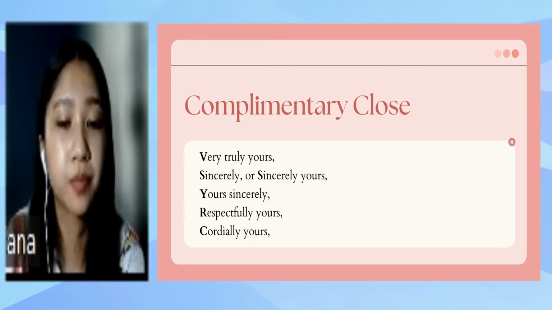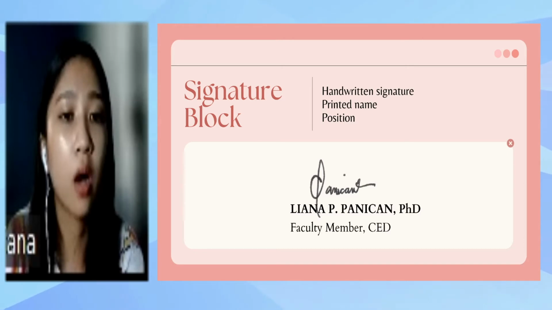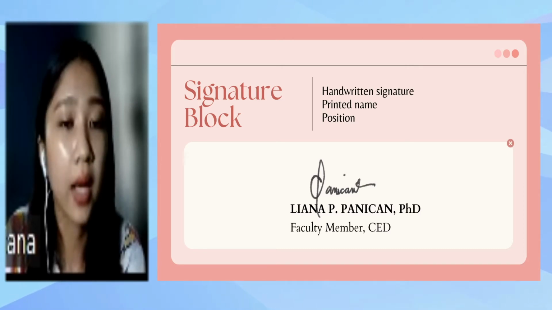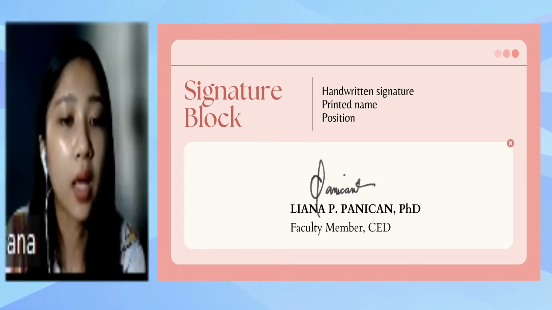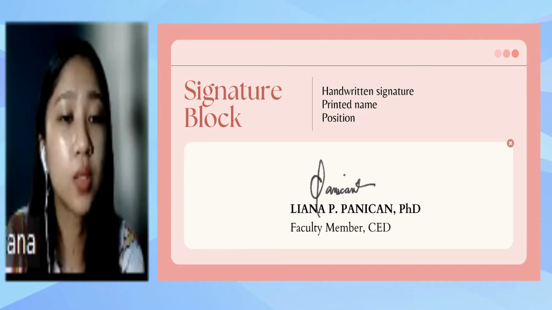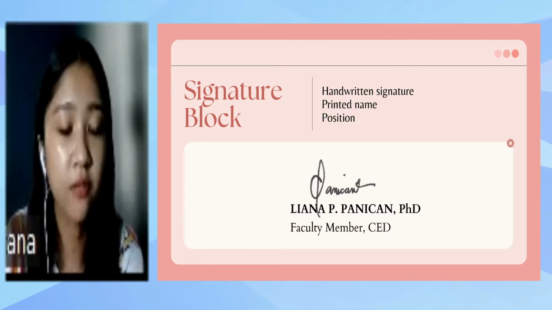Okay. And then last is the signature block. In writing the signature block, first is the handwritten signature, followed by the printed name and the position. So I put my name here as an example. This is my handwritten signature. So in here it is the first line, the handwritten signature, then followed by the printed name.